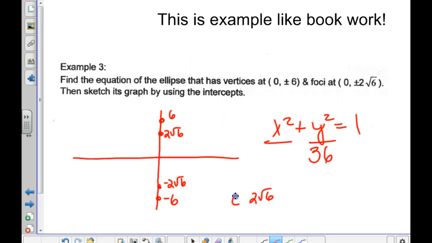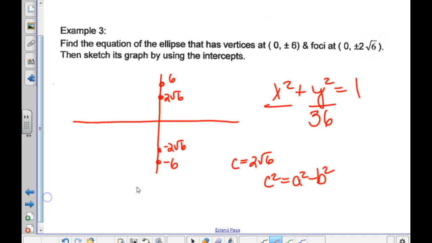That's our C, right? So C squared equals A squared minus B squared. What is the one other number we know right now?